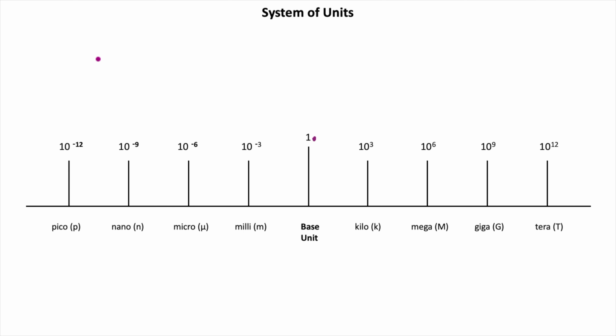Let's do another example here using some electrical values. Let's say we have a scenario where we have 3 kilowatts. Our symbol for this is going to be lowercase k, uppercase W. So we know that our starting measurement is 3, which takes the place of our base unit.